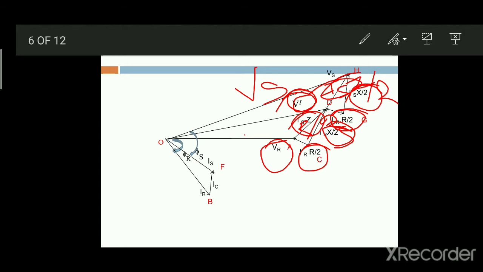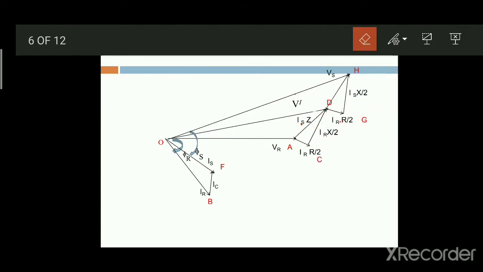This is the phasor diagram for the nominal T method. In that, this is IRZ by 2, and this is ISZ by 2.